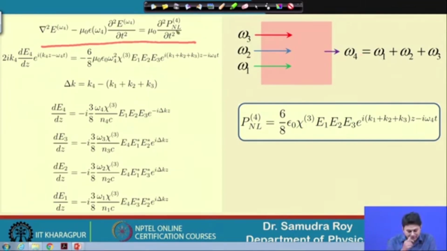This nonlinear Maxwell's equation basically gives a source term. We have already calculated this source term, P nonlinear 4, which gives rise to the field omega 4.